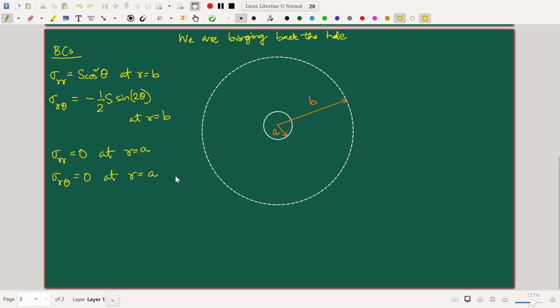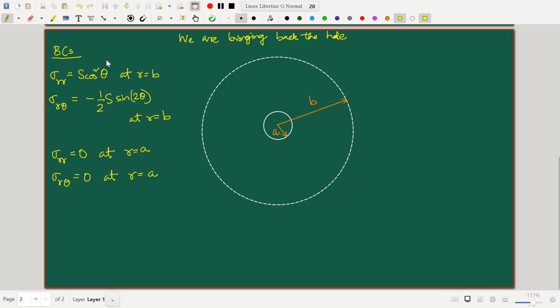That was one of the earliest things that we did while demonstrating examples of polar coordinate system elasticity problems. So we want to again rewrite this problem somehow in the form of something that we already know, and that we can actually do. If you think about it, what we can do is this sigma RR equal to S cos square theta.